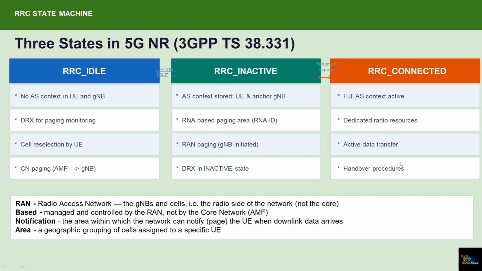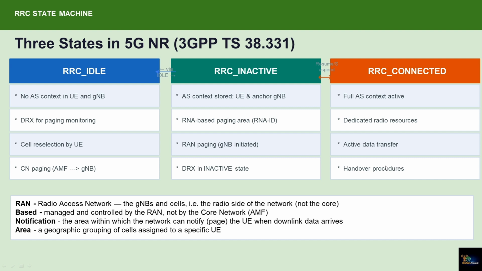So in inactive state, the RNA means the radio access network takes over the responsibility of tracking the device. RNA is a local zone where the phone is allowed to roam freely without telling the network.